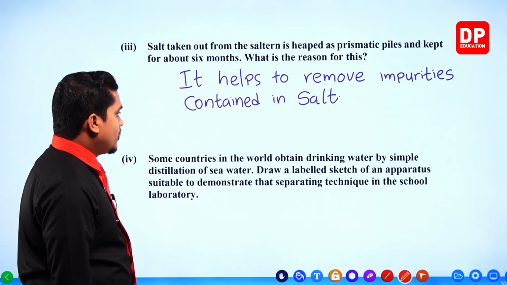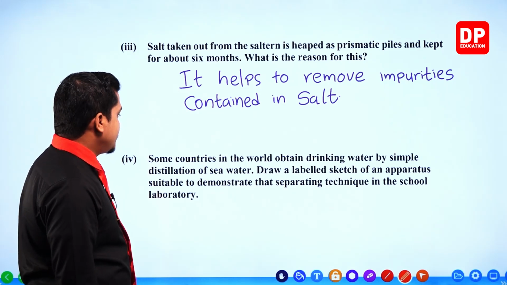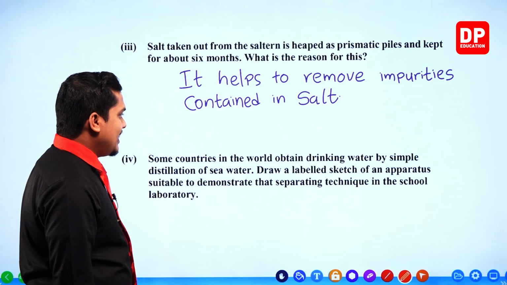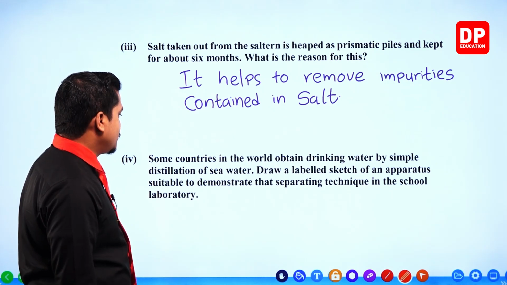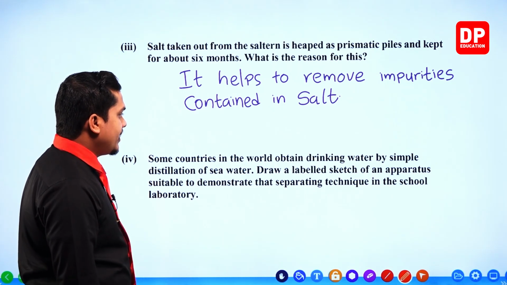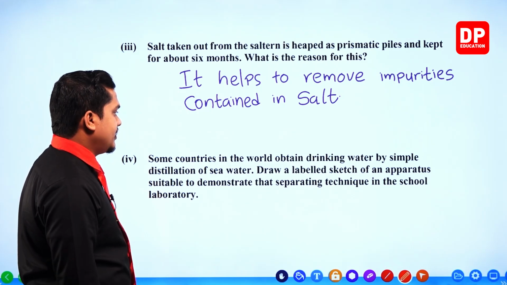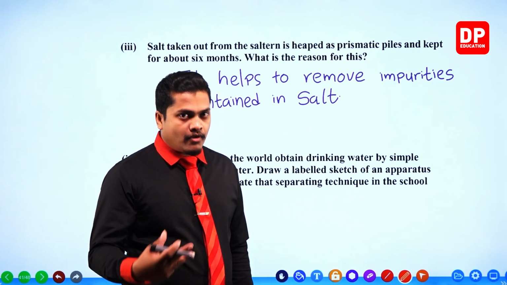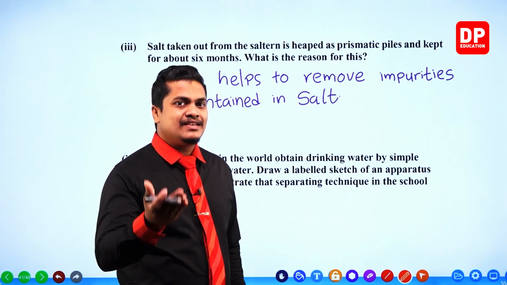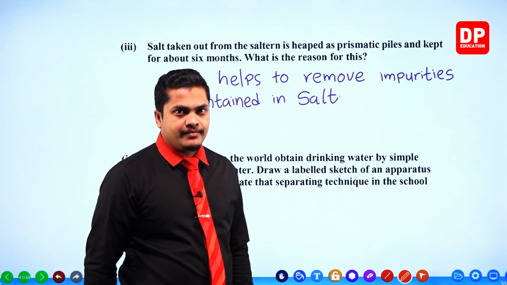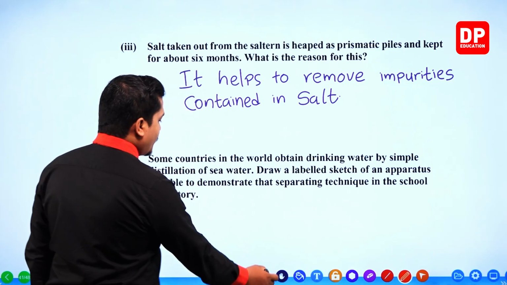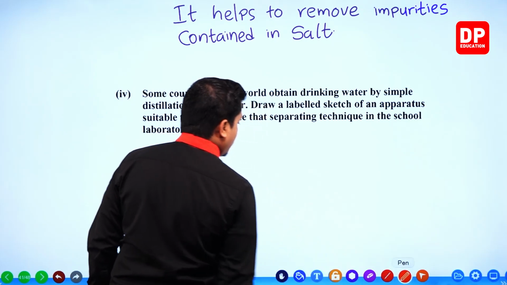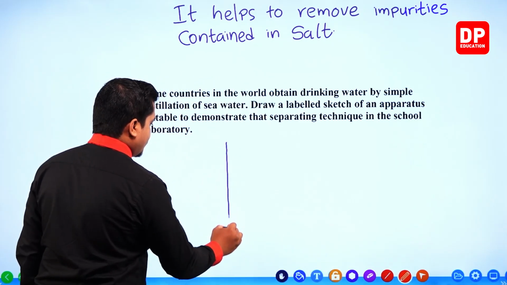Some countries in the world obtain drinking water by simple distillation of seawater. Draw a suitable labeled sketch of an apparatus suitable to demonstrate the separating technique in the school laboratory. So, we can take potable water from seawater by using simple distillation, my dear children. So, you need to draw and show a sketch of simple distillation.